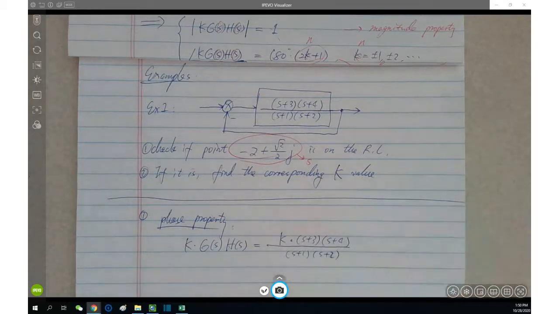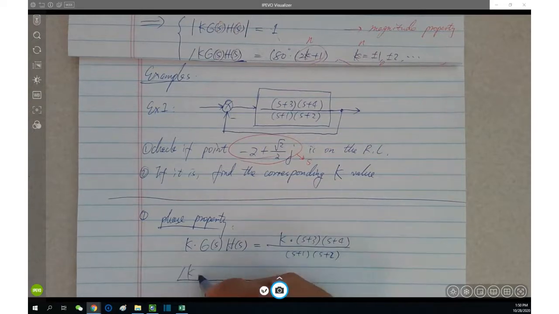This is KGH, and this is very straightforward. Open loop transfer function. And what matters is what's the angle for it.